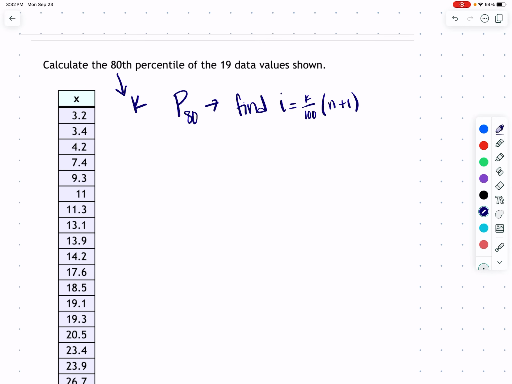So we found K, that's the percentile. 19 is our N. Now this will not give us the answer. It will tell us where to go find the answer. So I'm going to plug in what I know. I know K is 80. My N value is 19.